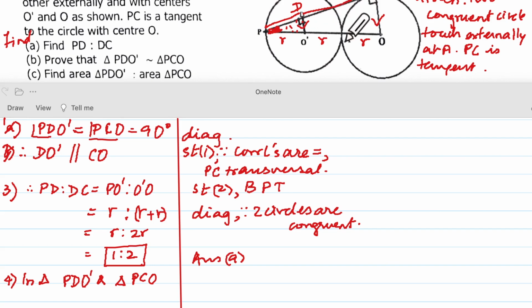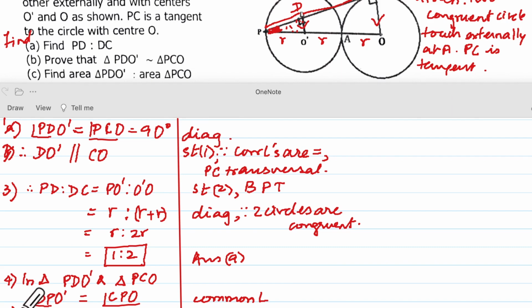That will be SAS test for similarity, but I think easiest will be this is the common angle and these two angles are equal. That will be AA test, faster and easier. So which is the common angle? Tell me. Angle DPO dash is equal to CPO.